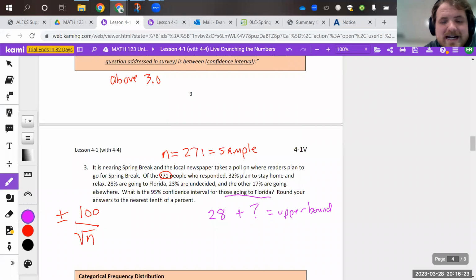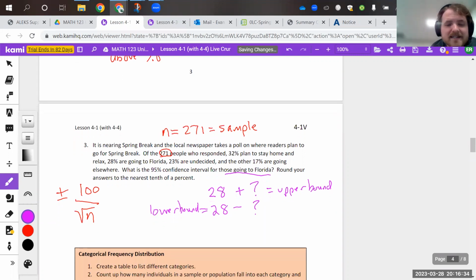And we will subtract something to get that lower bound. So that something is the actual equation right there, that margin of error.